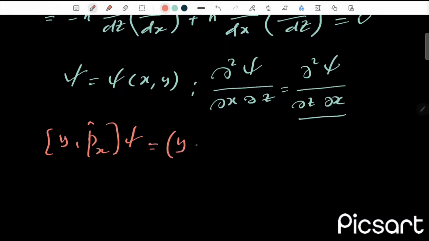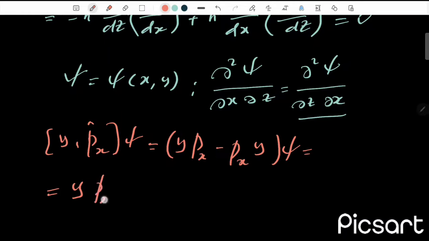We have y px minus px y acting on psi, which is y px psi minus px y psi.